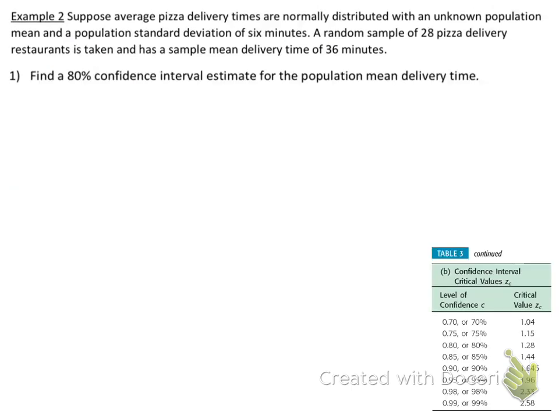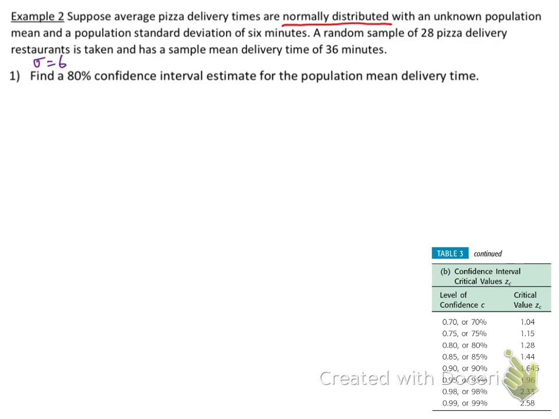Next example, suppose average pizza delivery times are normally distributed. Well, we know it's normally distributed, so we don't need to ask for the sample size of 30. With an unknown population mean and a population standard deviation of 6 minutes, so we know that sigma equals 6.